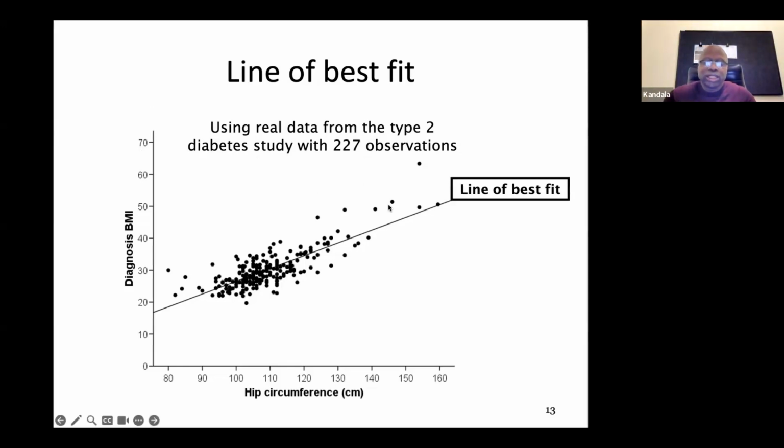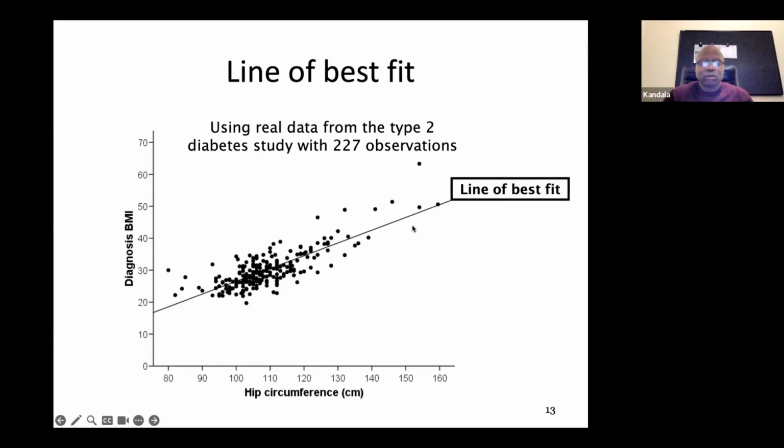Each dot is an observation of a patient with type 2 diabetes, where they measured their BMI and hip.